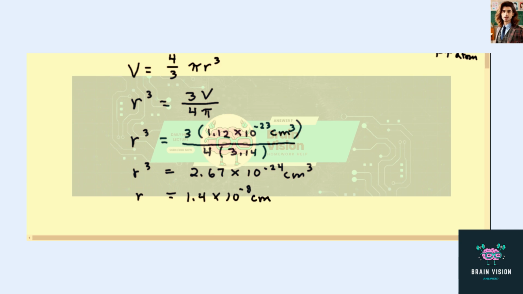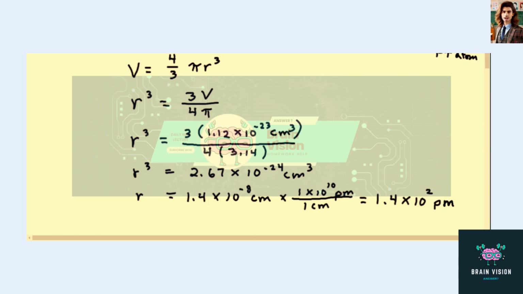All right, so that's the radius in centimeters, but taking this one step further because the problem asks us for the answer in picometers. So in every centimeter, there is 1 times 10 to the 10th picometers. That means our answer is going to be 1.4 times 10 to the second picometers as the radius of a single platinum atom.